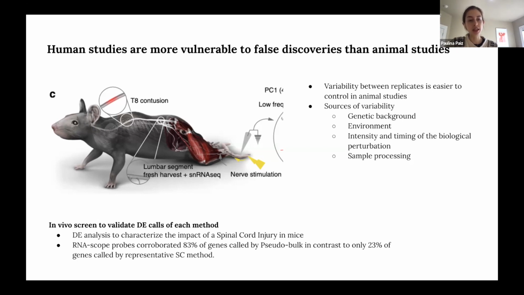And then they used RNAscope probes to corroborate the findings of each method. They found that 83% of genes called by pseudobulk could be corroborated, in contrast to only 23% of genes called differentially expressed by representative single-cell methods. So this is a big difference.